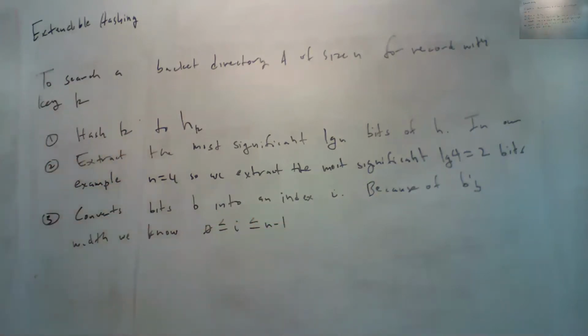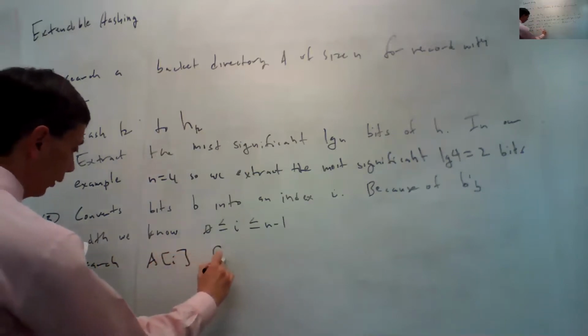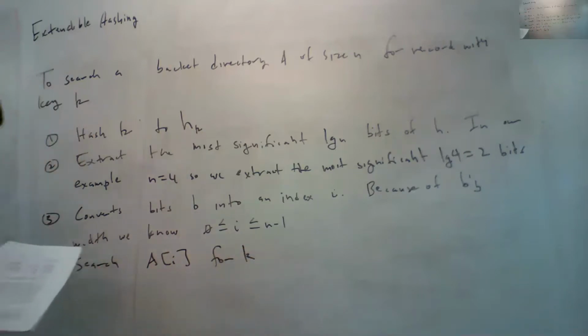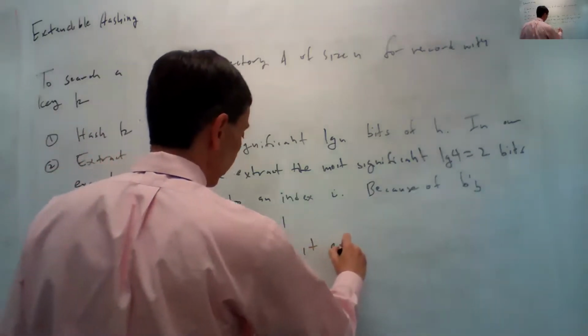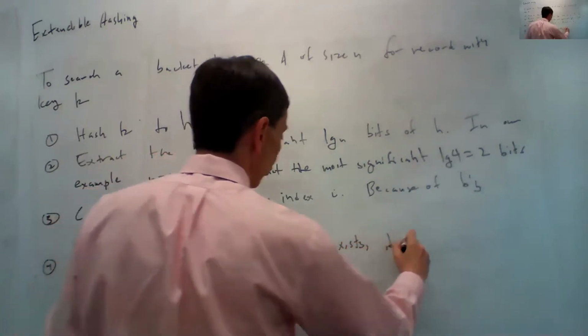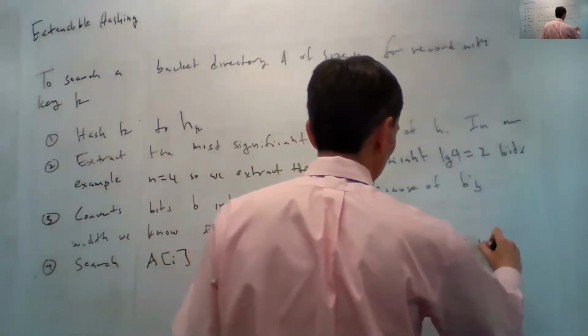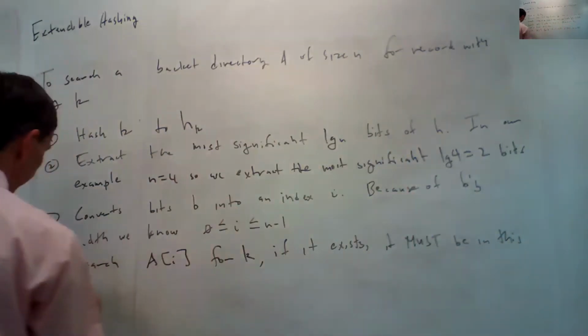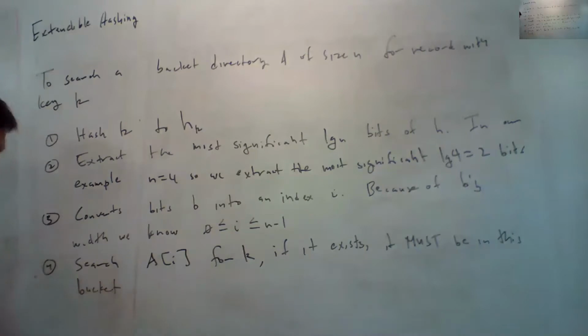So if you have 2 bits, you're constrained to be from 0 to 3. If you have 3 bits, you're constrained to be from 0 to 7. And so the number of bits that we're extracting will exactly fit the size of A, the number of entries in our hash table. And then finally, we search A sub I for k. If it exists, it must be in this bucket. Right?